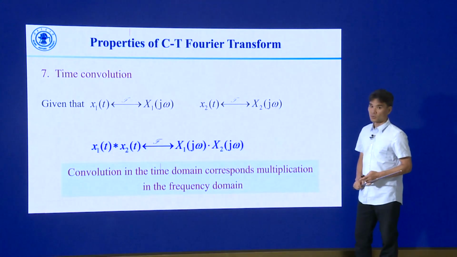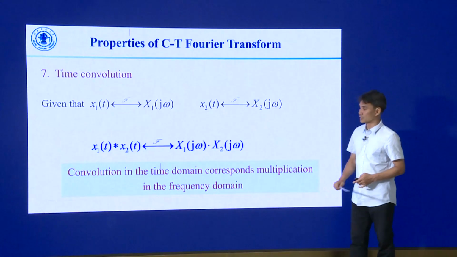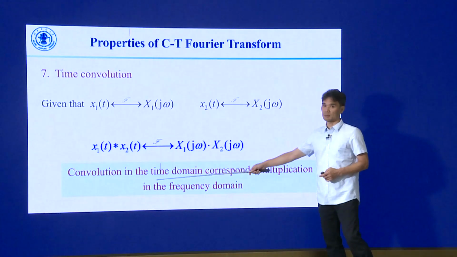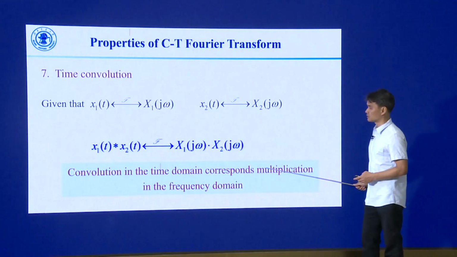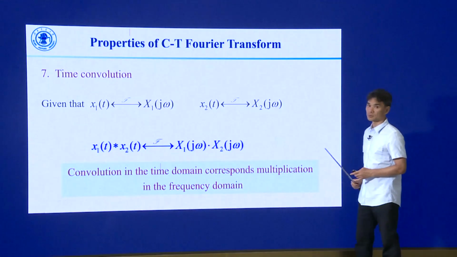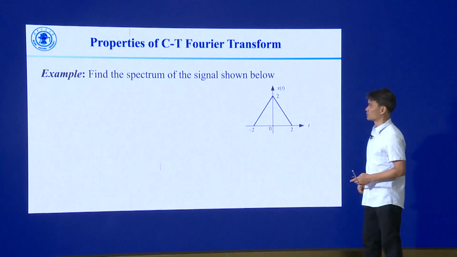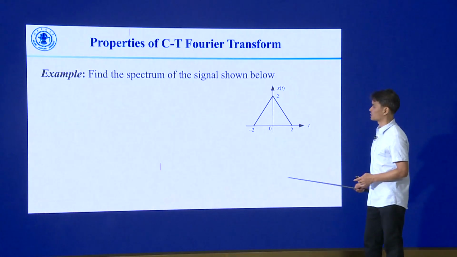So that is one more correspondence between the time domain and the frequency domain. Convolution in time domain corresponds to multiplication in the frequency domain.